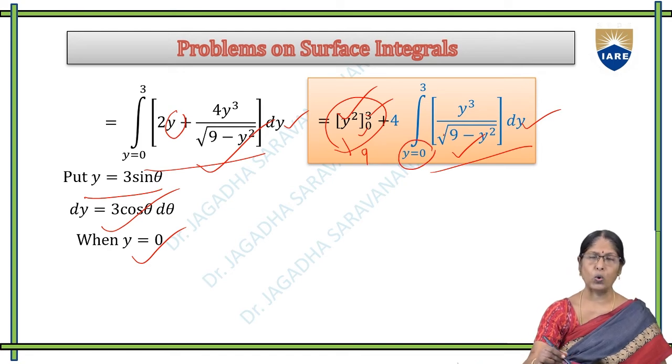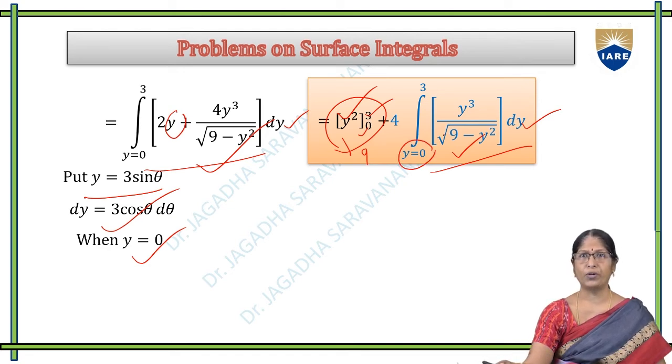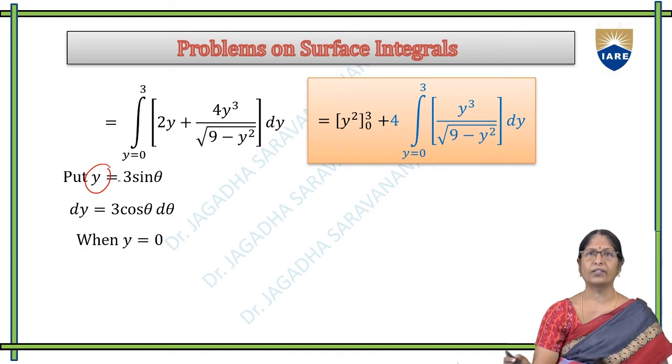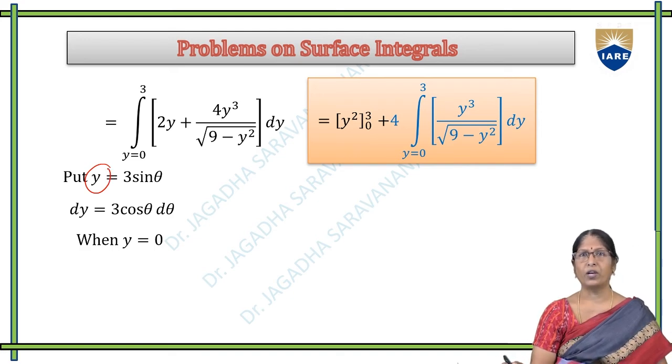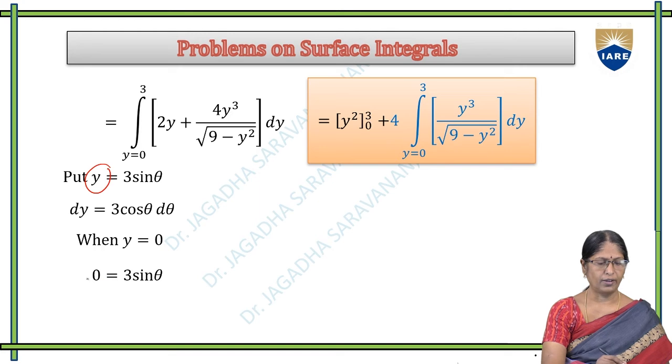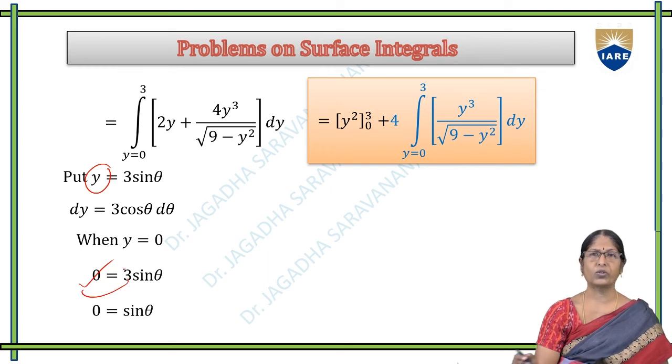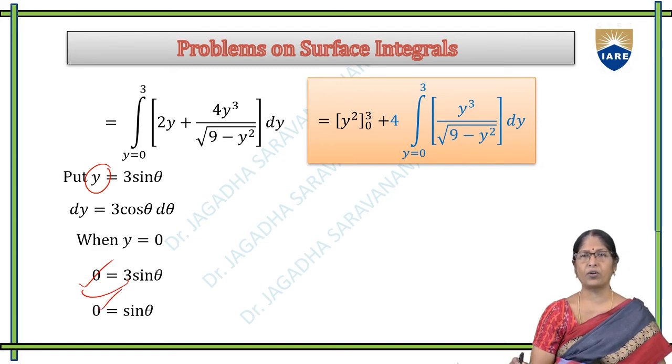So our lower limit is y equal to 0. In this particular place, we substitute y equal to 0. Then the left side is 0, and the right side is 3 sine theta. We brought this 3 to this side, and we obtained 0 equal to sine theta. In terms of trigonometry, sine 0 is 0.